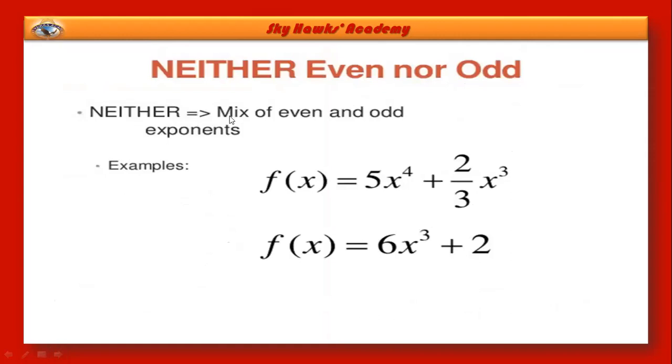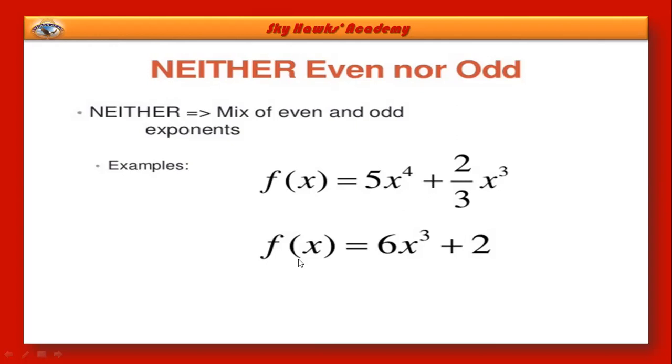Okay. So now there is a situation in between: neither even nor odd. What type is this? A mix of even and odd exponents. Let's see the example. f(x) is equal to 5x^4 plus 2 over 3x cube.